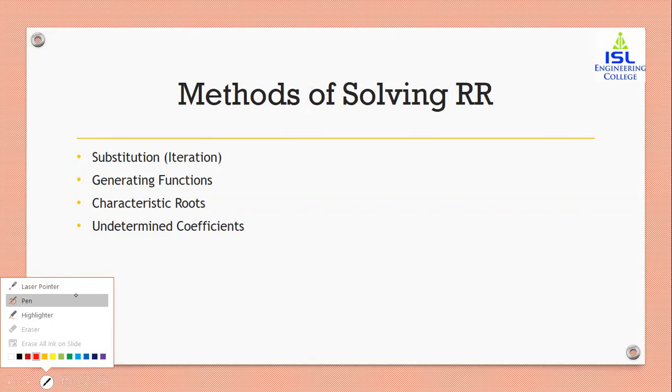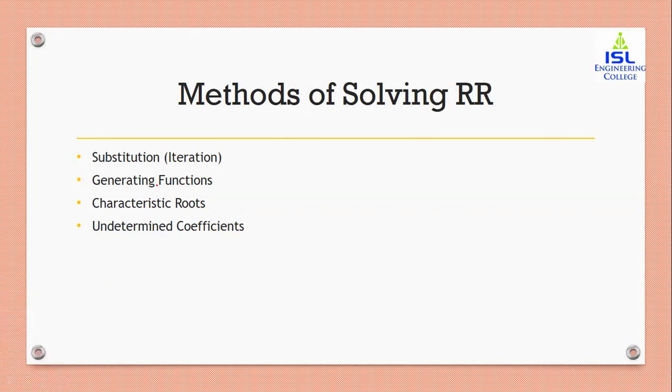Even the fourth one is similar to your theorem 6. So the methods of solving recurrence relations are as follows. The first one is the substitution method. The second is generating functions. The third is characteristic roots. And the fourth is undetermined coefficient. Even this we see in generating functions, but once again we will see a summary of all the 4.